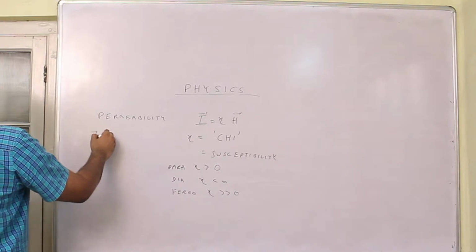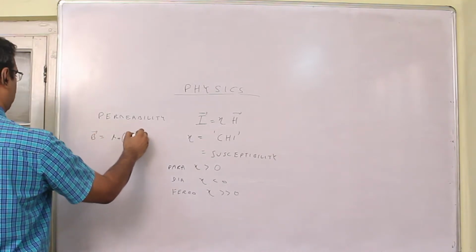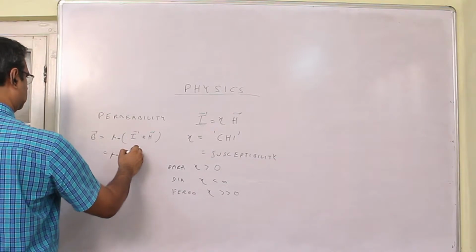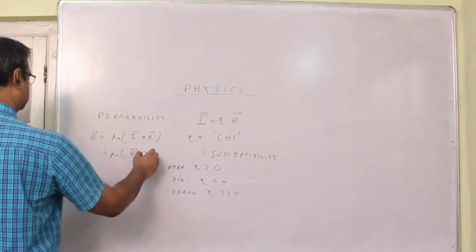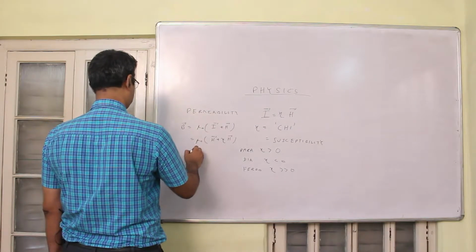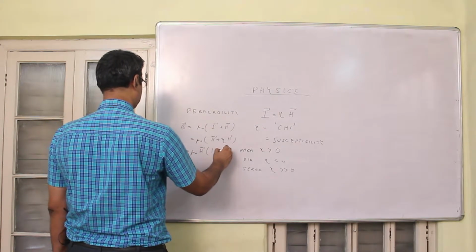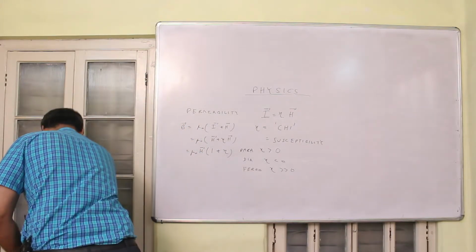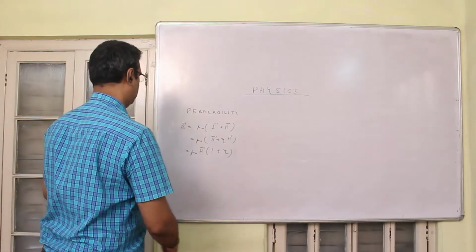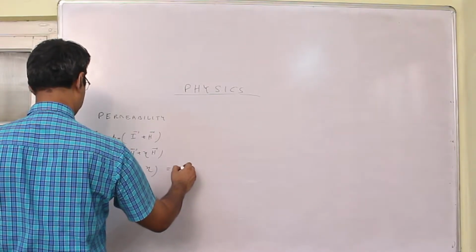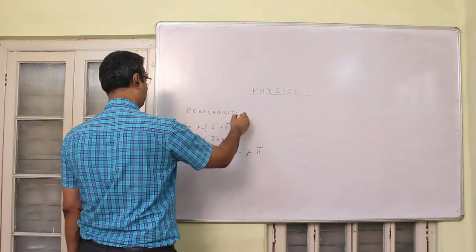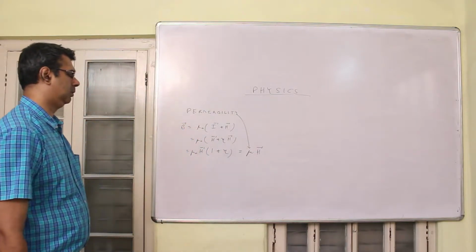You know that B is equal to mu naught into I plus H, so that is mu naught into H plus chi into H. So mu naught into H into 1 plus chi is written as mu into H. So mu is called the permeability of that particular material.